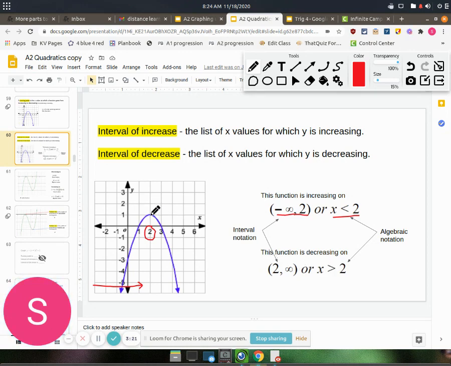After 2, as the x values get bigger, your y values start to fall. So from left to right, this graph is decreasing as x gets bigger and bigger. This thing's going to keep going down and down and down. So you would say it's decreasing from 2 to infinity, or for all the numbers that are bigger than 2.